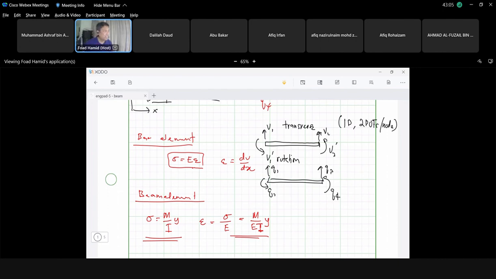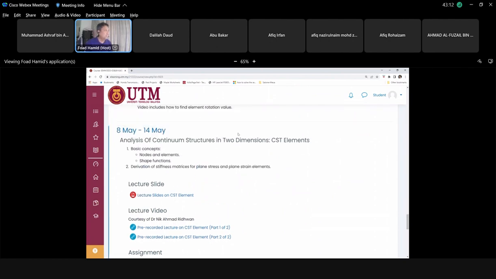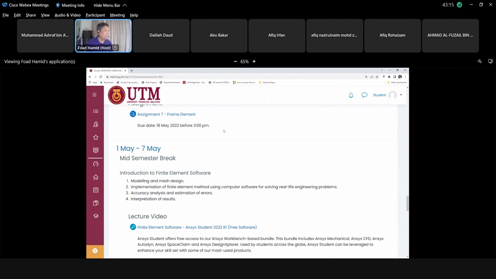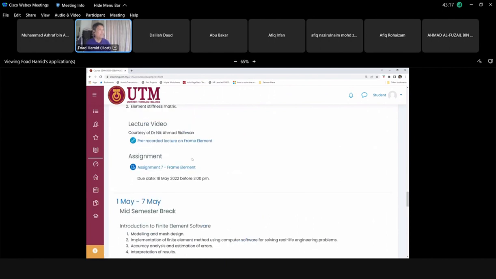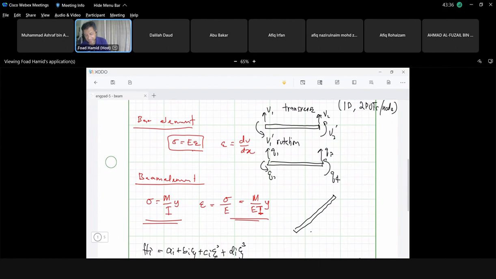But if you look at your planning in your e-learning, after that, what we have to do is a frame element. So what is a frame element then? A frame element is just like a truss element, but now it is at an angle.